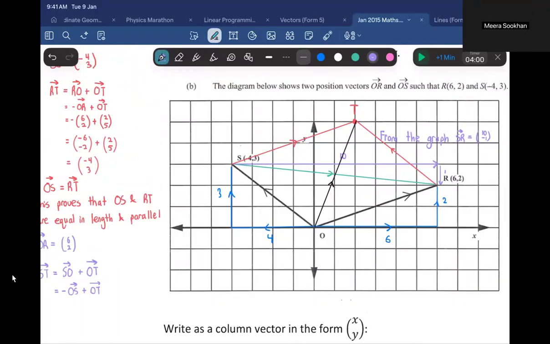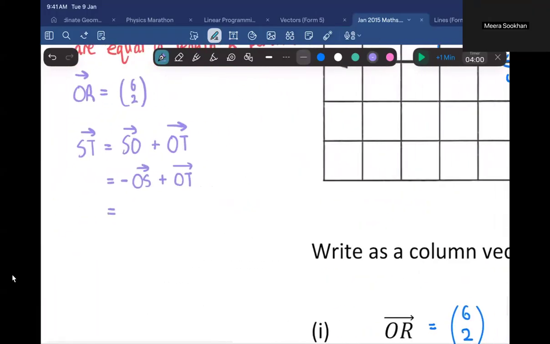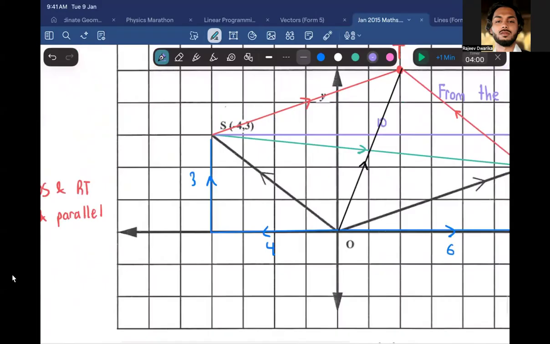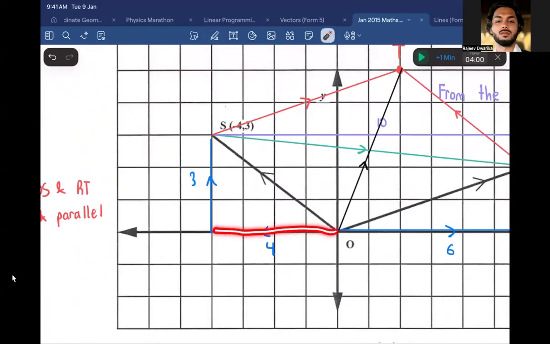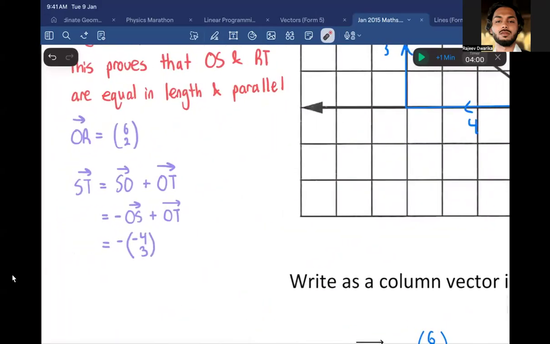Negative 4, is it? Yeah, negative 4, 3. Or would it be negative 3? No, it was negative 4, 3. Because watch. So OS is minus 4, 3.